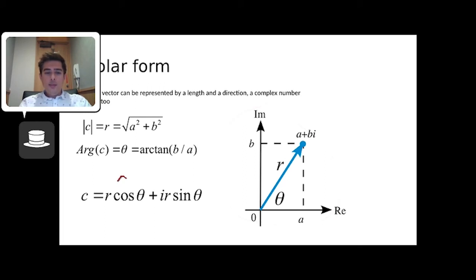We can relate a and b to r and theta from this triangle, because we know that r times cosine of theta is equal to this side of the triangle, and r times the sine of theta is equal to the opposite side. So just from trigonometry, we can write the so-called polar form of the complex number.